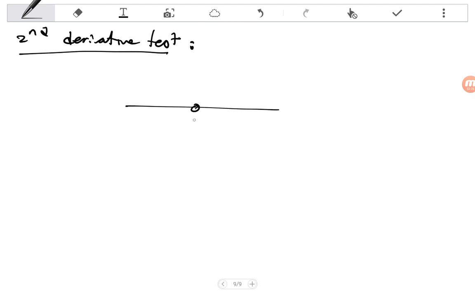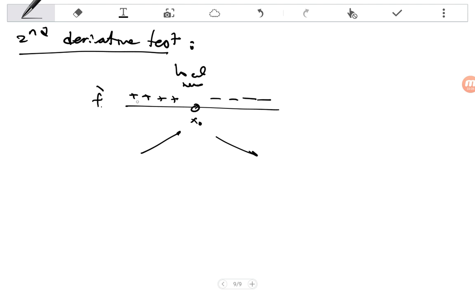We have learned that around the critical point, the derivative looks like that. So what happens to the derivative in this case? This is a local maximum. Is f dash, along the number line around x naught, increasing or decreasing?